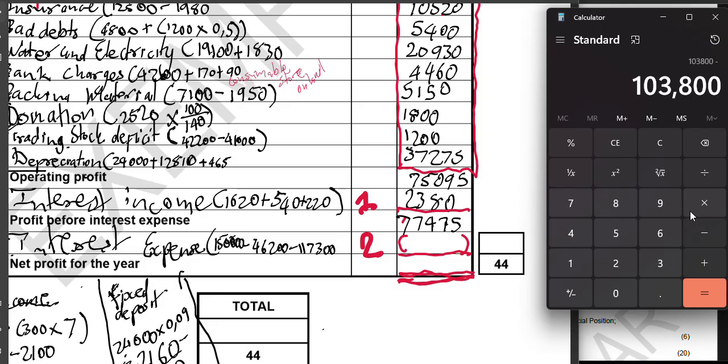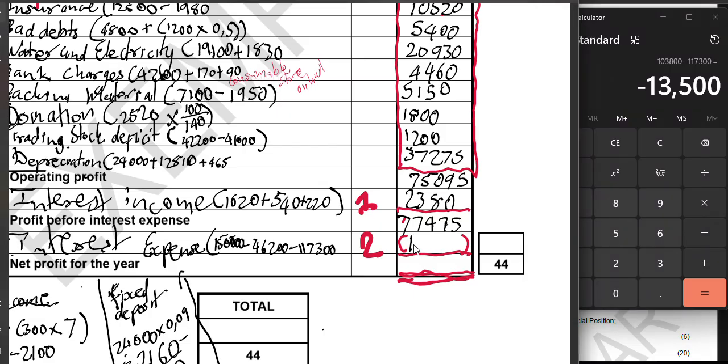So you take the balance that the bank had minus the balance that you have, and that will give you the interest. Remember that. We minus the balance that the bank has at the end, which is 117,300. This, ladies and gentlemen, gives you a whopping 13,500.